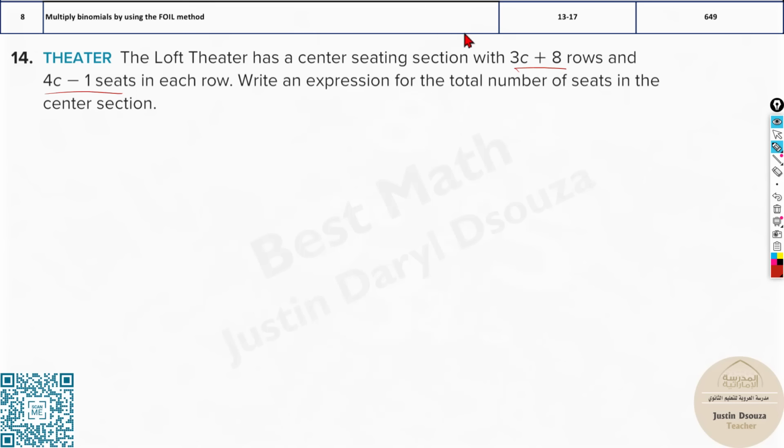So basically all you do is multiply them with each other. It will be 3c plus 8 multiplied by 4c minus 1. Now in simple words, imagine there are 10 rows in a theater and each row has 8 seats. How do you get the total number of seats? 10 times 8, it's 80, right? So the same thing we are doing, but it's just that we have variable c.